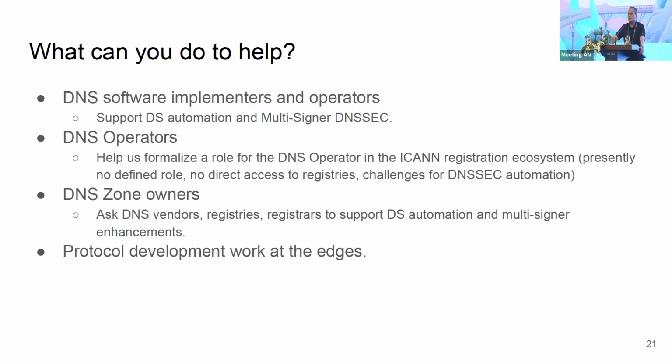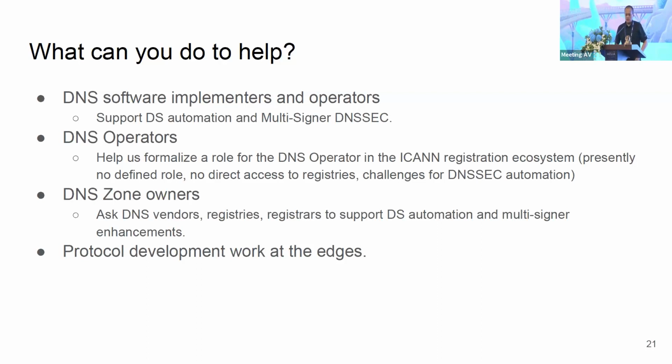If you're interested in tackling that effort and dealing with the ICANN policy-making machinery to make that happen, please get in touch with me. I know Steve Crocker has a lot of ideas about how to get that process started. And zone owners, please ask your vendors, registries, and registrars also to support DS automation and multi-signer DNSSEC.